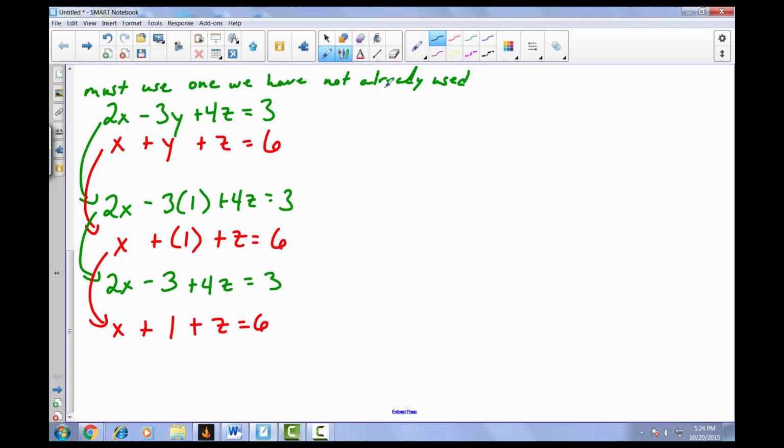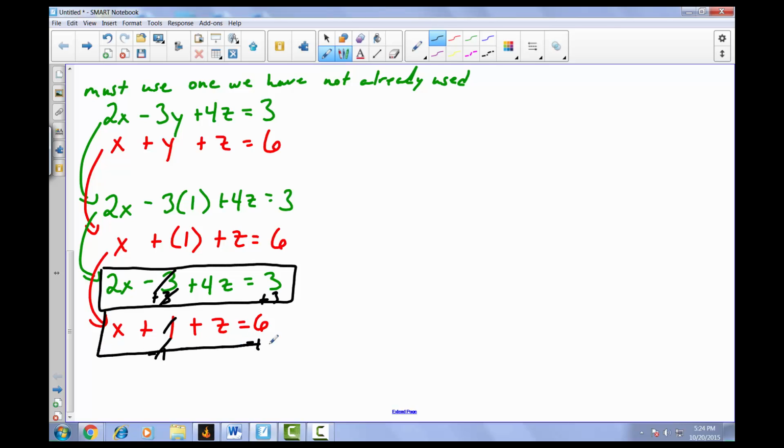What we're going to do is combine our numbers onto the other side. Here we would add 3 to both sides. Here we would subtract 1 from both sides. We're still looking at these equations individually, and have not yet combined them.